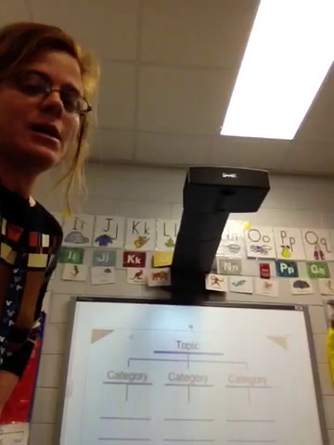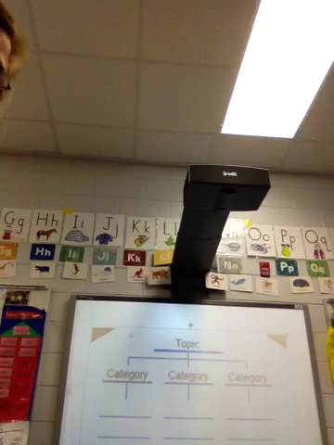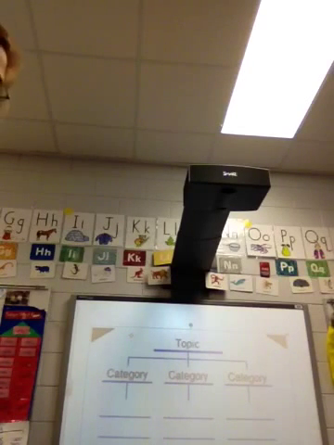My students often have difficulty with counting coins. So I'll show you a picture of what a thinking map looks like. The topic is at the head of the paper or chart paper, and then the categories are broken down underneath in subheadings.